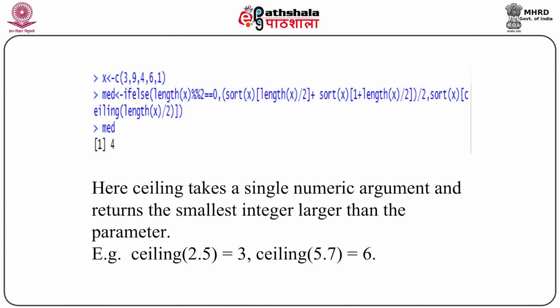So, we have already discussed a number of different kinds of examples here. Let's stop here, and some more examples of these kinds will be discussed in the next module. From this discussion, we now have some basic ideas about the structure of the if-else statement. We also gave some of the basic operators which we often use in R programming, and we showed you how to calculate the median of a sample.